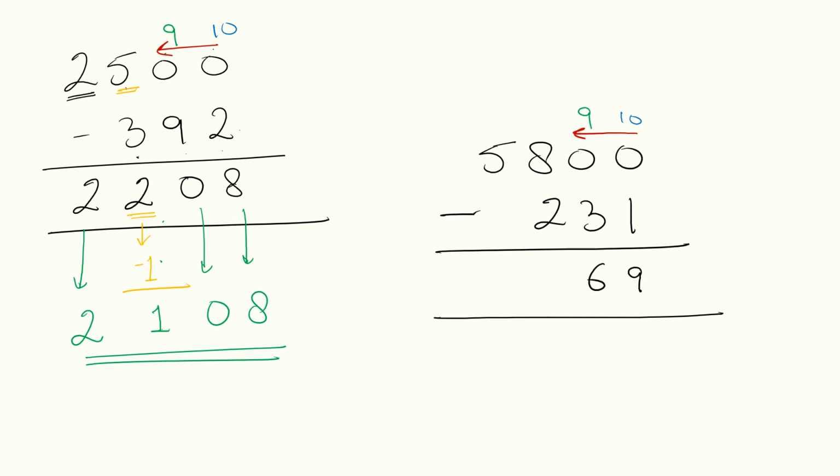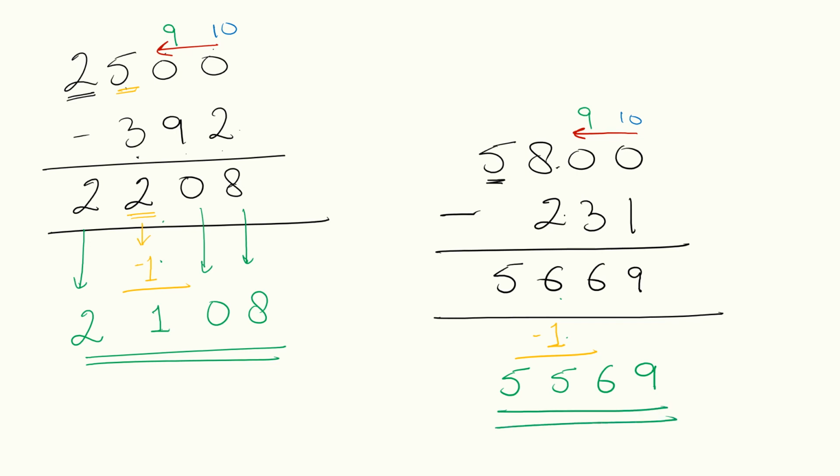We will continue subtracting. 8 minus 2 is 6, and we will write down this 5 as is. Next, we are going to subtract 1. 6 minus 1 is 5, and we will copy the rest of the numbers as is. 5, 6, and 9. So our answer is 5569.